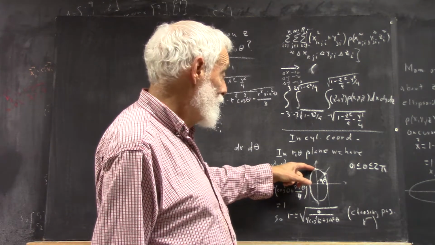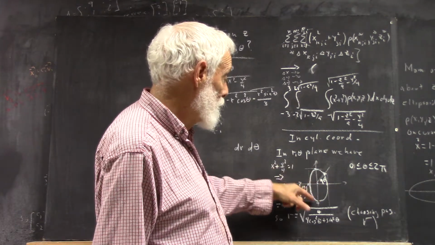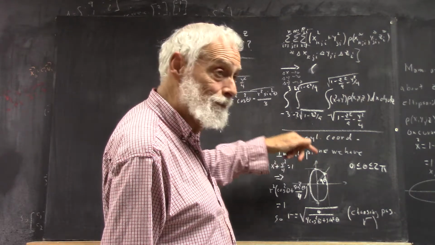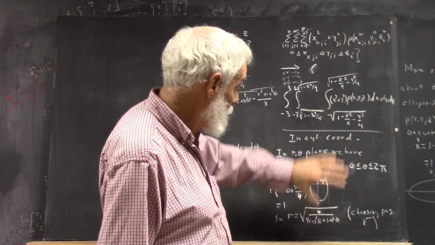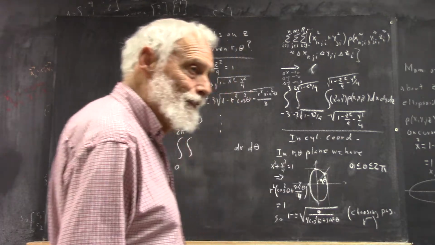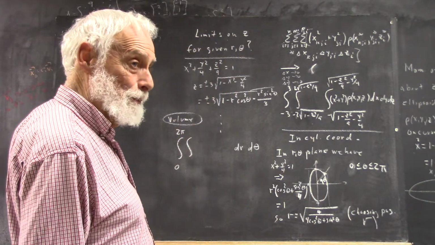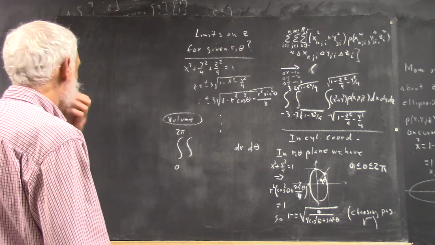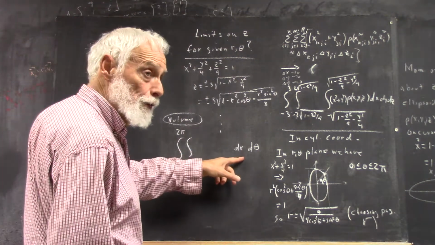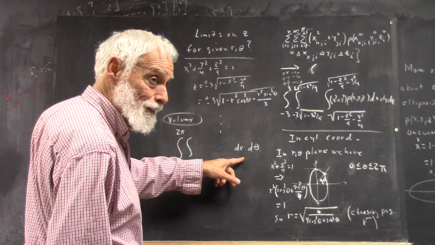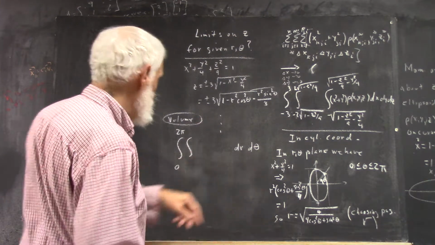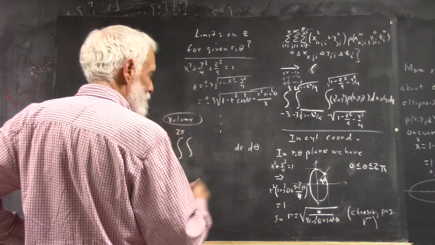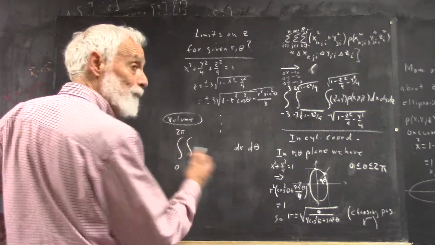Reason being that above this ellipse you have points that are all the way out here, and there are no points above. I didn't realize that till I wrote this down, and I wasn't thinking clearly. This is what I'm used to doing in cylindrical coordinates. So again, it's totally screwed up.